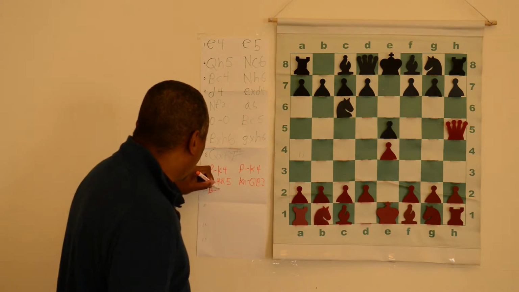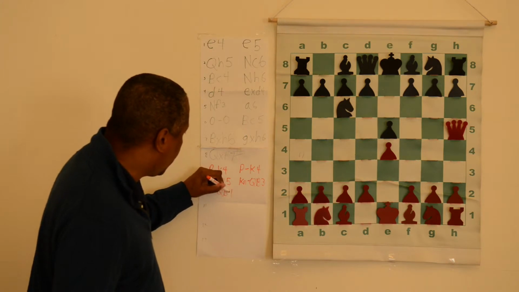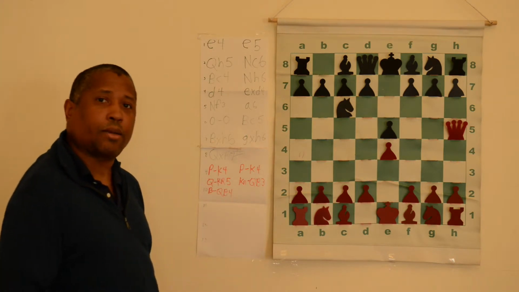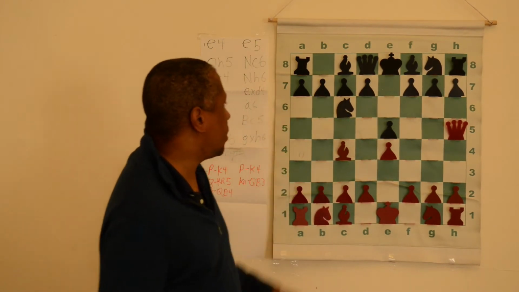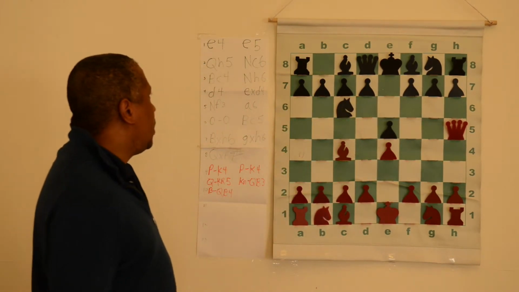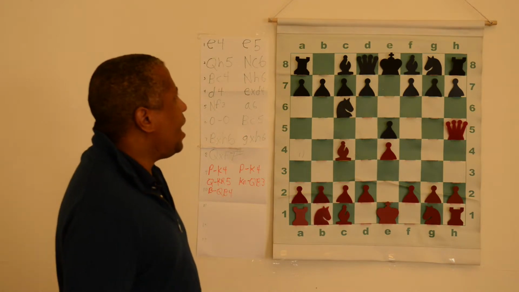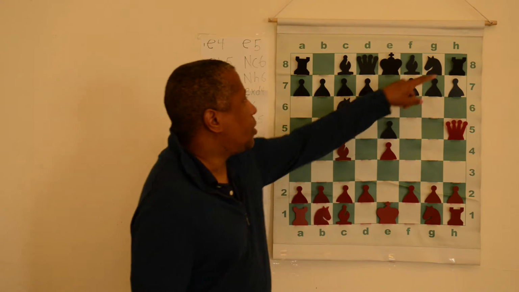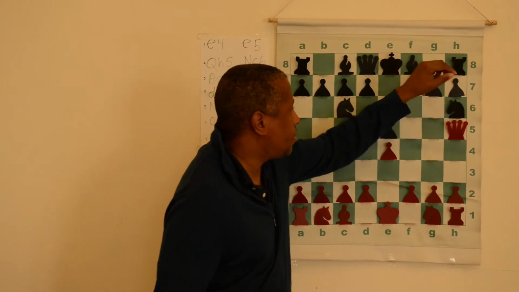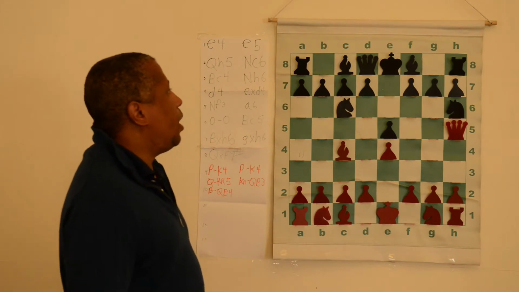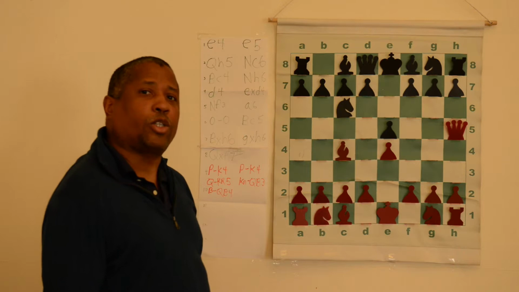Bishop to queen's bishop 4. Just like that. So this will move right there. Then, next is NH6. So here's H, H8, H7, H6, and we move the knight there. Now, how would we do that in descriptive notation? Well, which file is it?